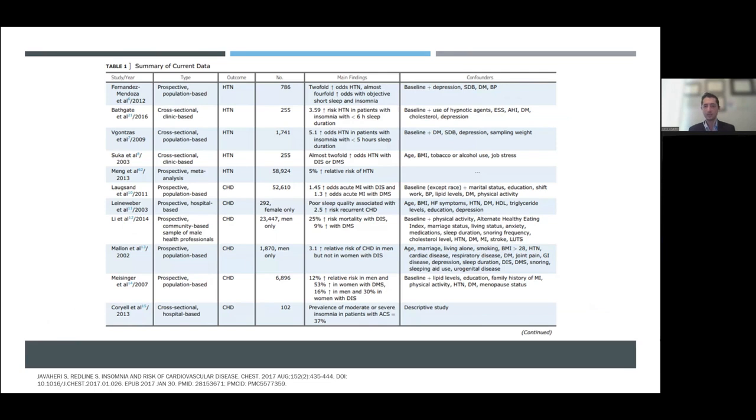Again, it's probably a good idea for us to see the patient in sleep medicine to determine the best direction for treatment and how the patient can take back control of their sleep. These are the same confounding factors in a lot of these cross-sectional studies that looked at the correlation between insomnia and cardiovascular disorders, so systemic hypertension specifically, and heart disease.